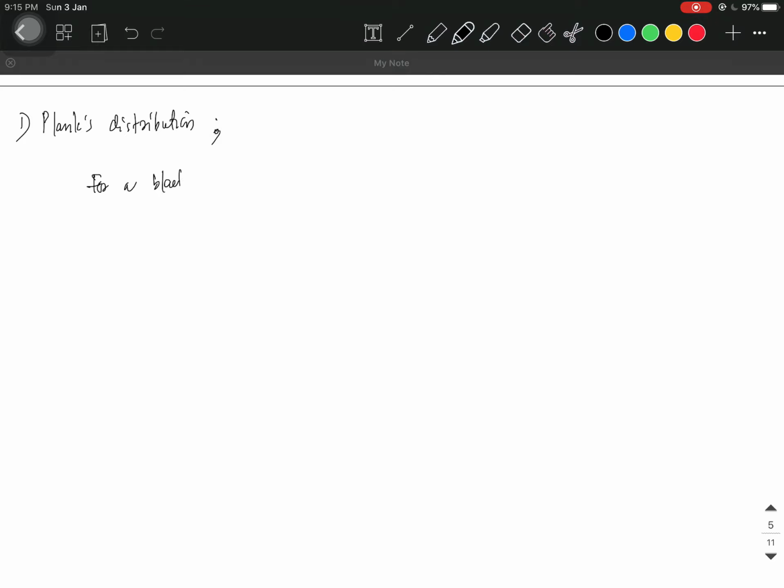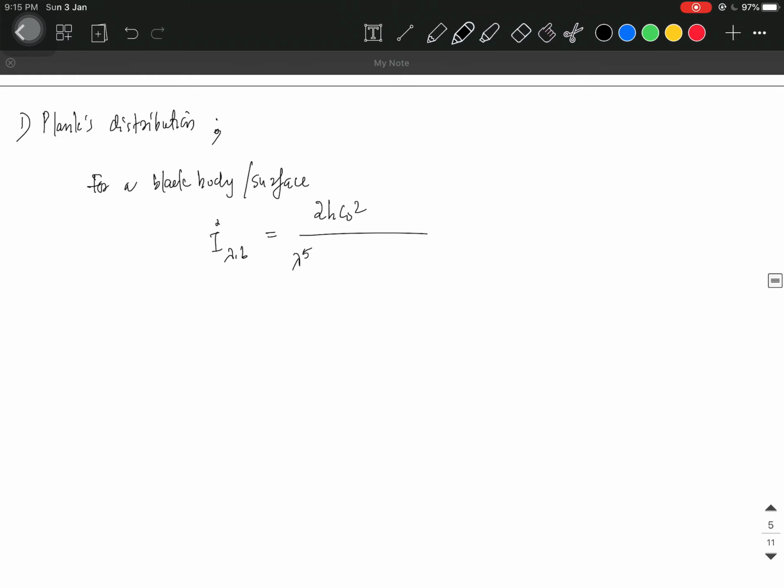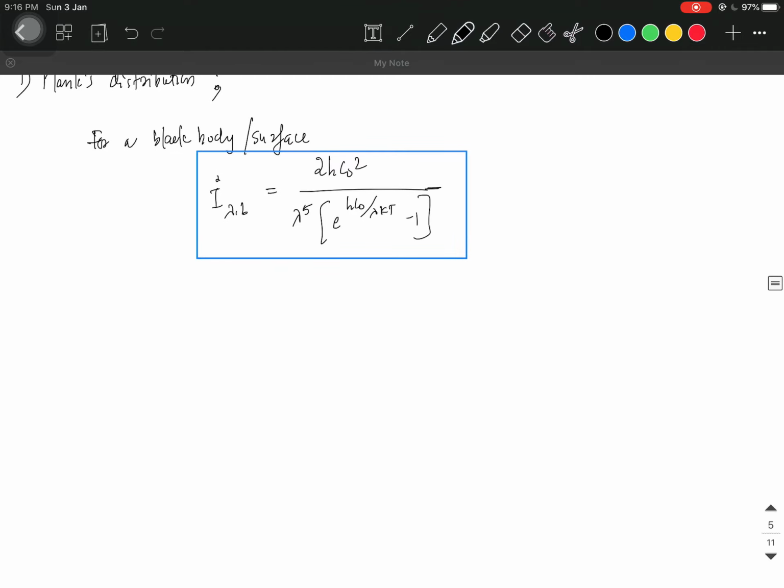Planck's distribution tells us that for a black body or black surface, we can write the radiation intensity I dot lambda b is equal to 2 h c0 square divided by lambda raised to 5 into e raised to h c0 by lambda k T minus 1. This equation gives you the radiation intensity for a black body.